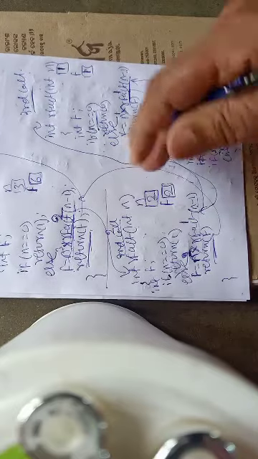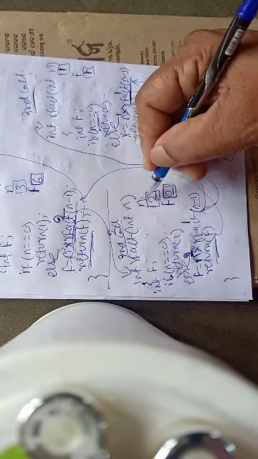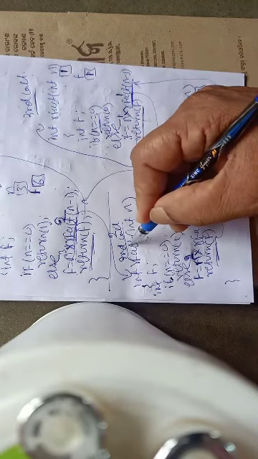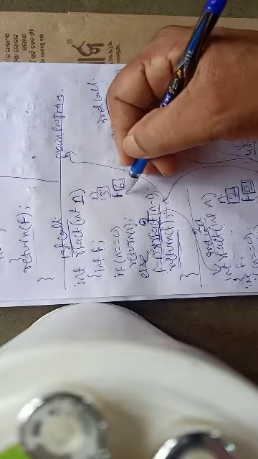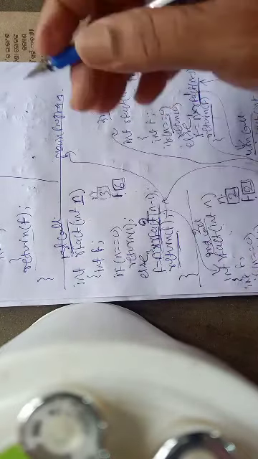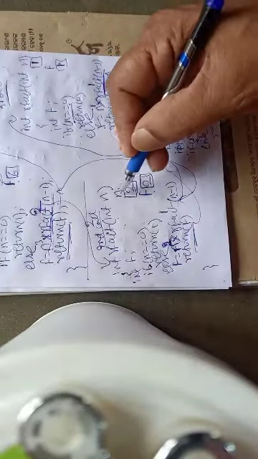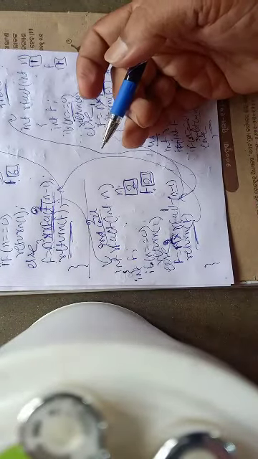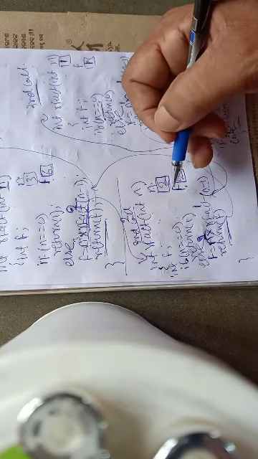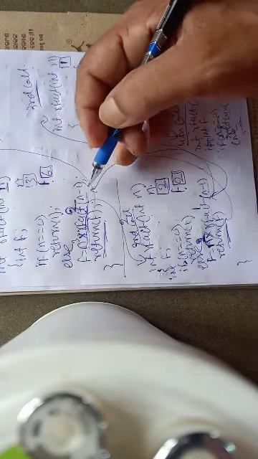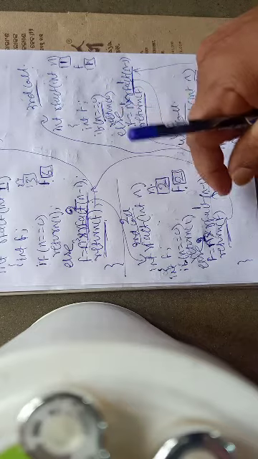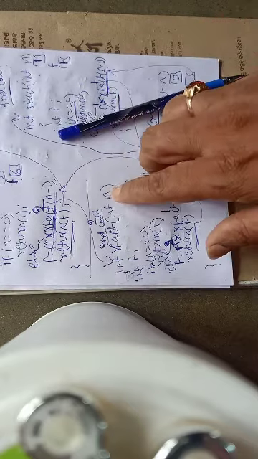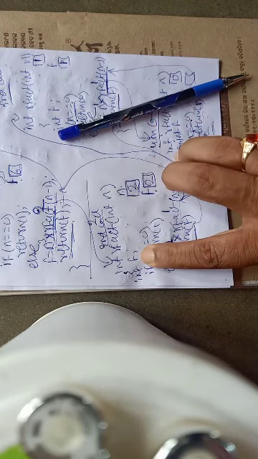So we assume that the memory locations n and f for the second call are different from n and f of the first call. So these two n and f are different variables, and these two n and f are different variables. Although their names are the same, every time the function calls itself, separate memory locations are reserved for its parameter as well as local variable.